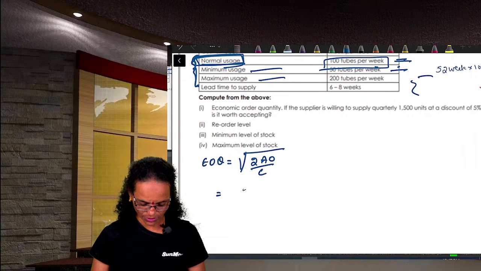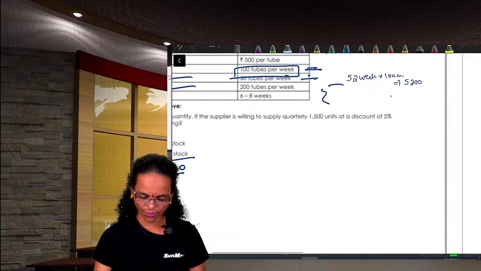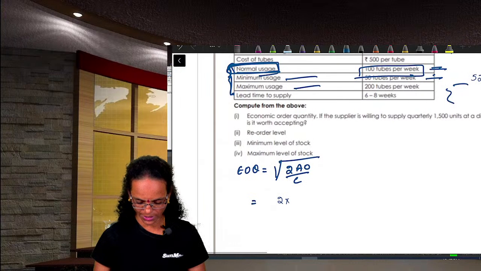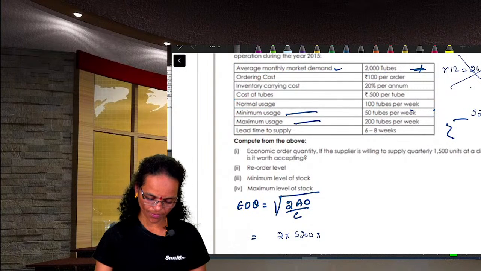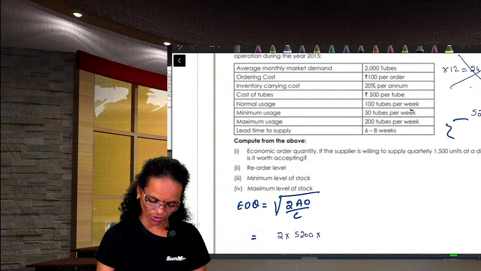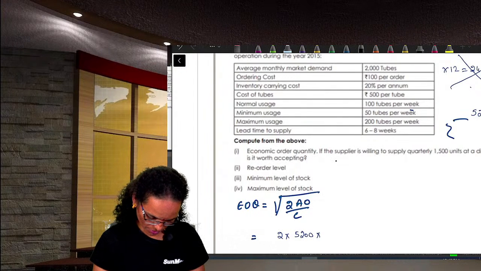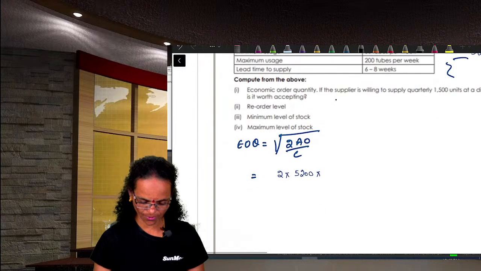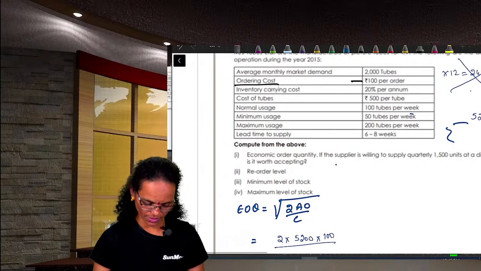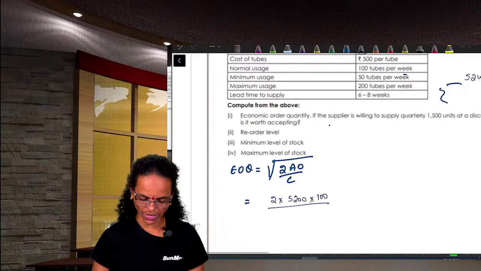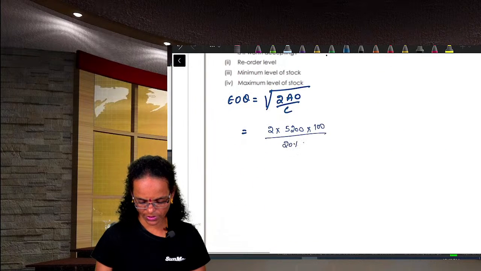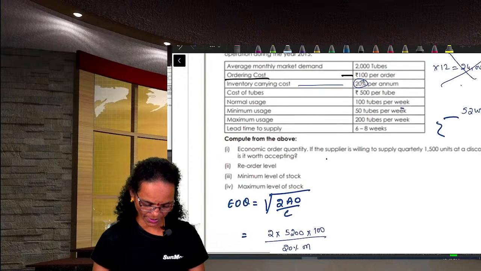2AO by C. 2A, annual demand, is 5200. Ordering cost is given as 100 rupees. By C, carrying cost: inventory carrying cost is 20% per annum on the cost at which we are purchasing.